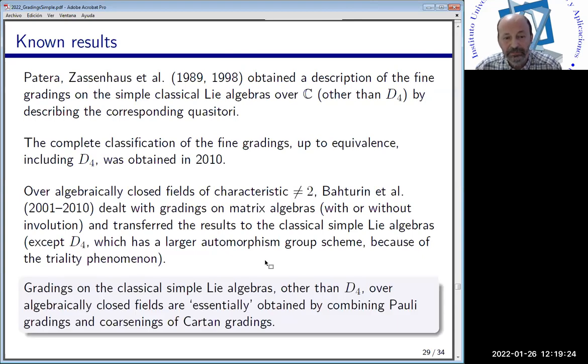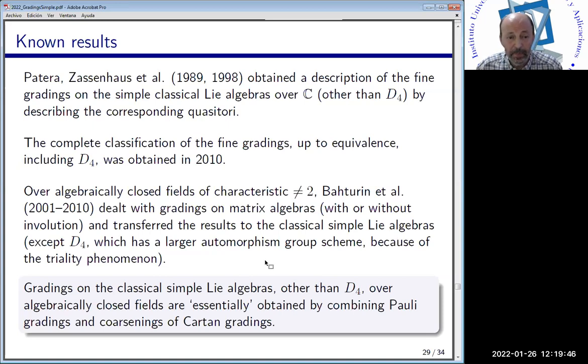And essentially, at least over algebraically closed fields, one gets a combination of Pauli gradings and some coarsenings of Cartan gradings, but very subtle combinations of these two types of gradings.